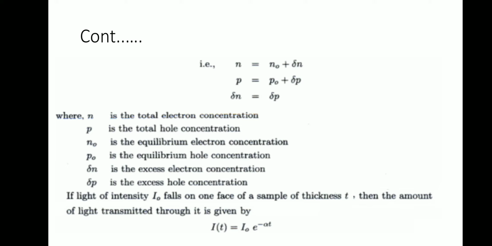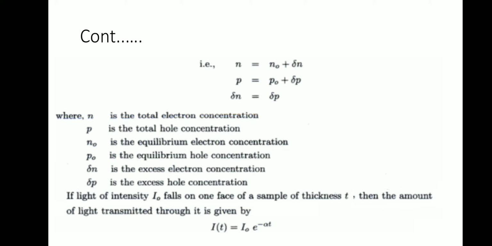Similarly, the total hole concentration p is equal to the equilibrium hole concentration p0 plus the excess hole concentration del p. And remember that del n is equal to del p, that means the excess electrons generated due to optical energy are equal to the excess holes generated. That is called photo generation.